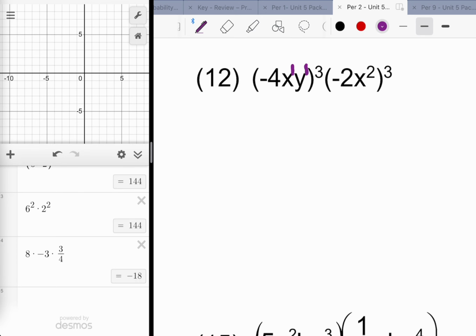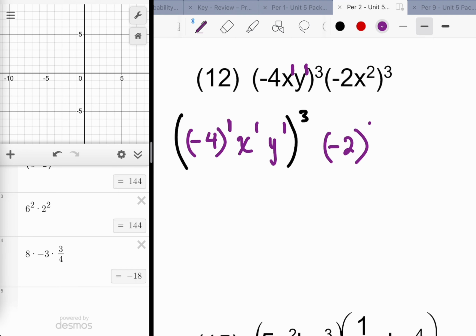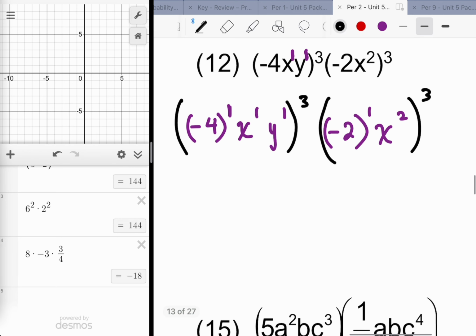That negative 4 is really negative 4 to the first power. x to the first, y to the first, the whole thing being raised to the third power. We have a negative 2 to the first, x to the second, that whole thing raised to the third power. So we have power to a power in both cases.